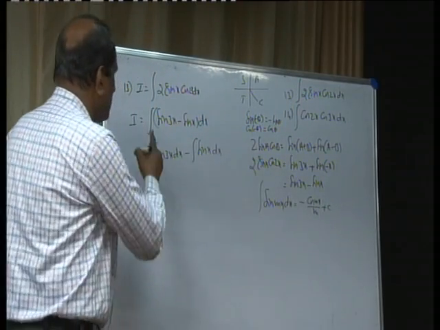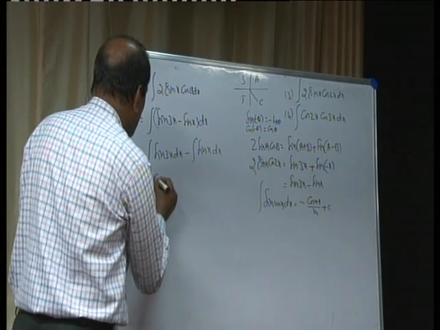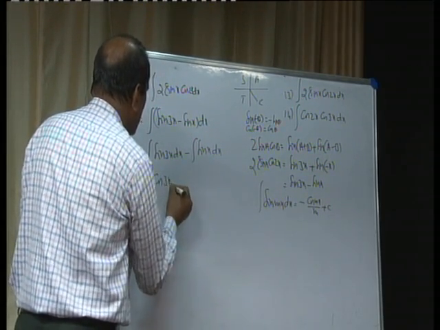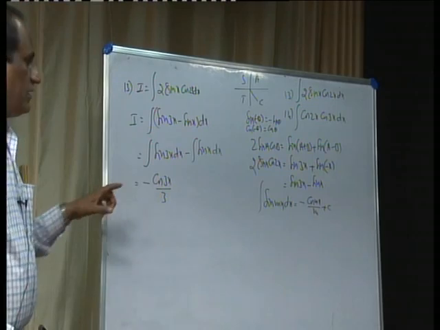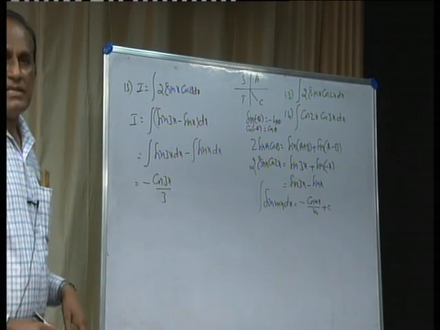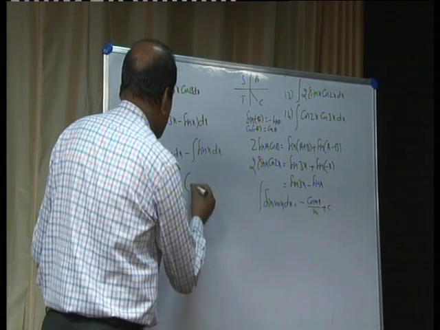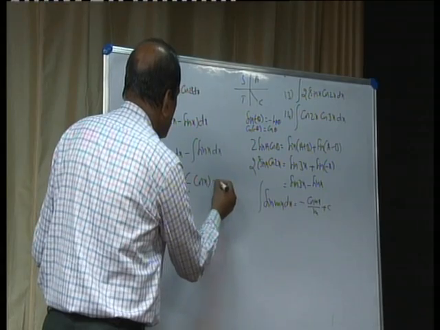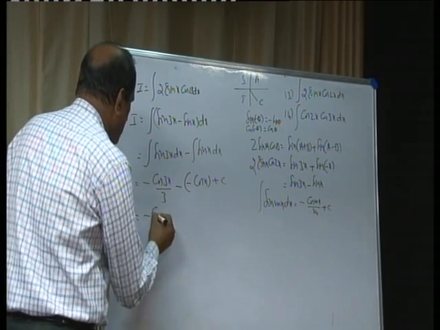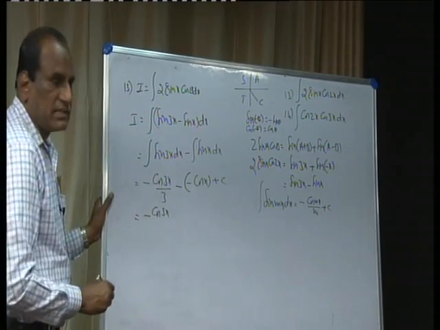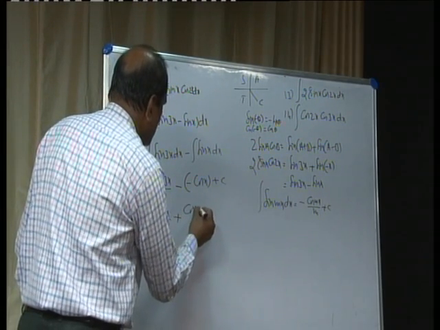Here m is 3, so the integration of sin 3x is minus cos 3x by 3, minus the integration of sin x, which is minus cos x, plus c. Now remove the brackets: minus cos 3x by 3, minus into minus gives plus cos x, plus c.